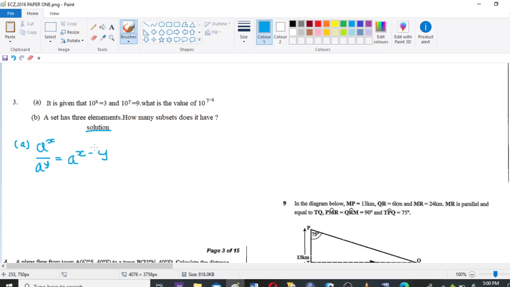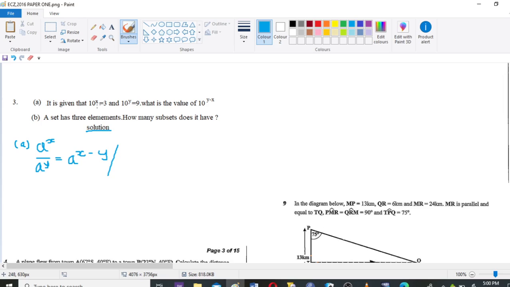So this is the property that we are using here. If you are not familiar with indices laws, make sure you go back and check on the laws of indices before you proceed. We'll use the same principles here.